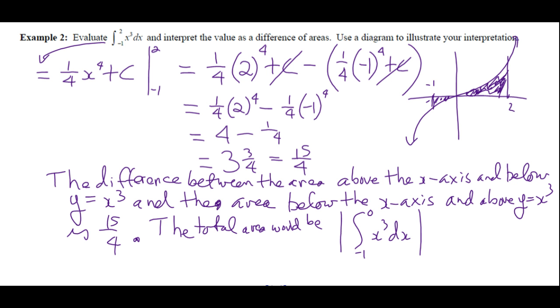That way if it's below and it's negative, that's fine. We're going to take the absolute value of the area from -1 to 0 plus the area from 0 to, where are we going? To 2. And the absolute value of that area as well. Okay, so if you split it up and do one where it's the area below and one where the area is above, take their absolute values, add those together, you'll get the total area. And that's it.